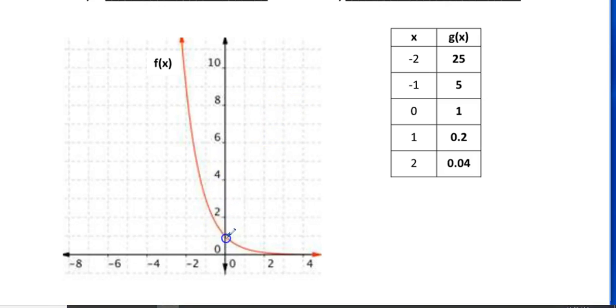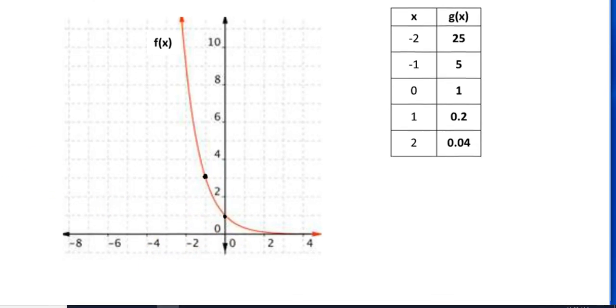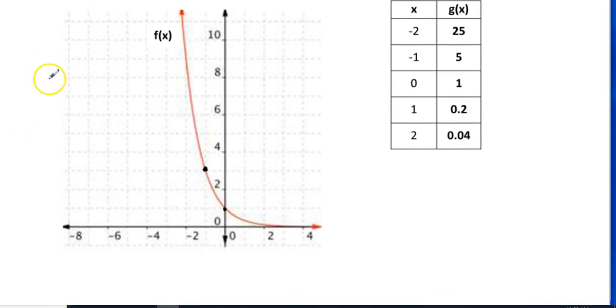Okay, so hopefully you identified that point there. Let's see, we've got this point right here. Maybe we could organize these points in a little bit of a table, maybe over on this side. I've got mostly negative x values.